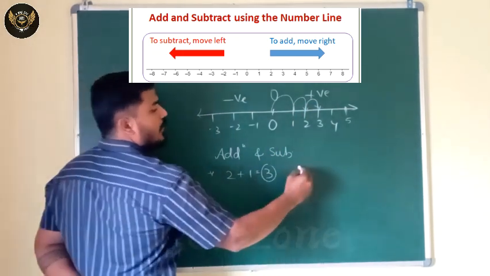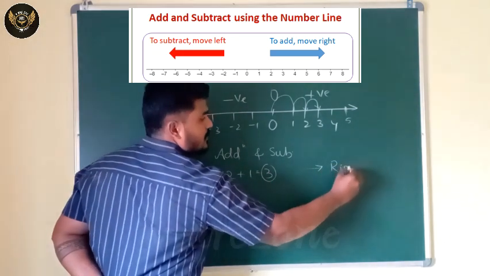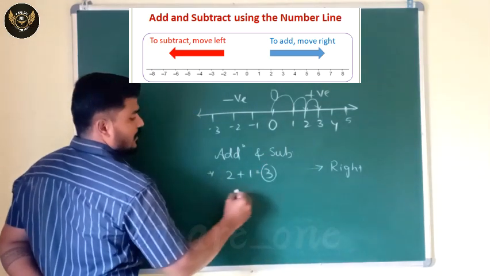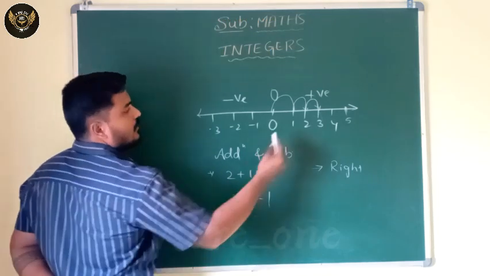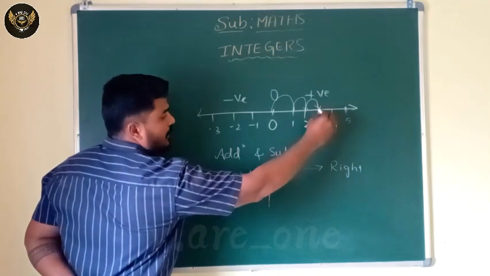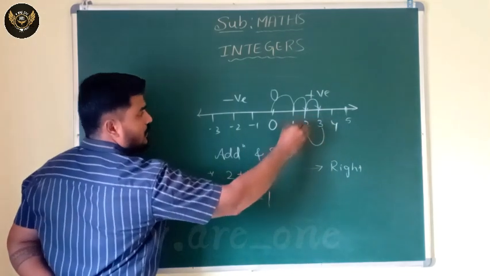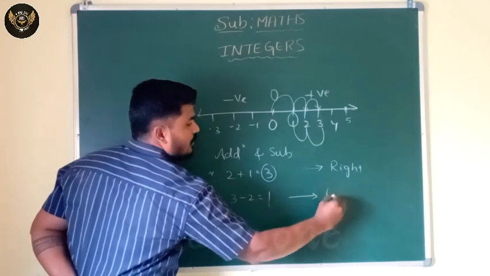That means if we add a number we have to move towards the right. If we subtract, the same number 3 minus 2 gives 1. See here, when subtracting we have to move towards the left: 3, then 1, 2. We got the answer 1, that is, we have to move to the left side.